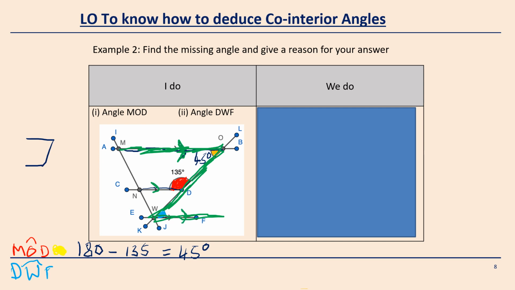So that means that if that angle is 45, and this line is parallel to this line, then that equals 45 degrees. And you put your reason in, so that's co-interior. But this is 45 because it's alternate.